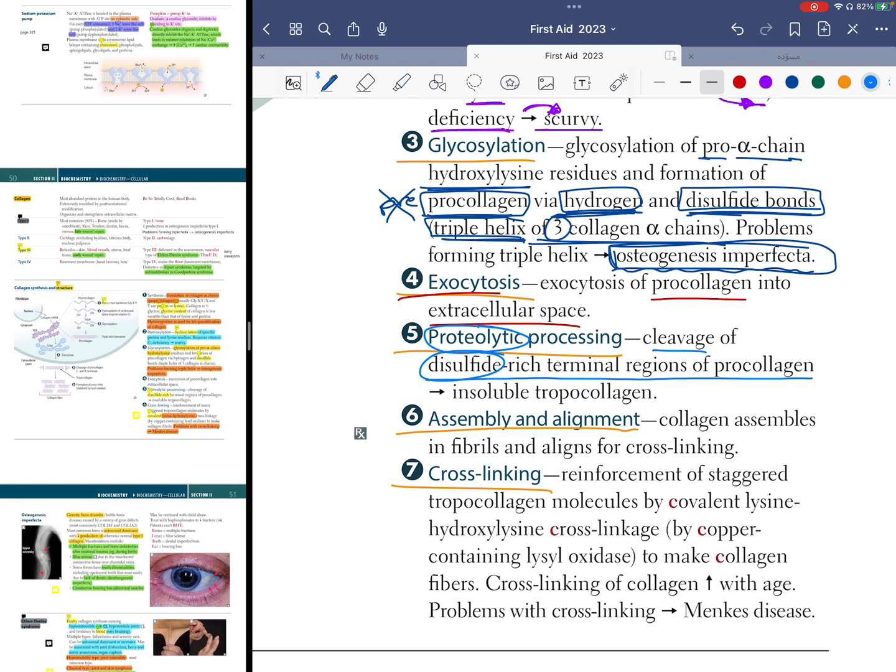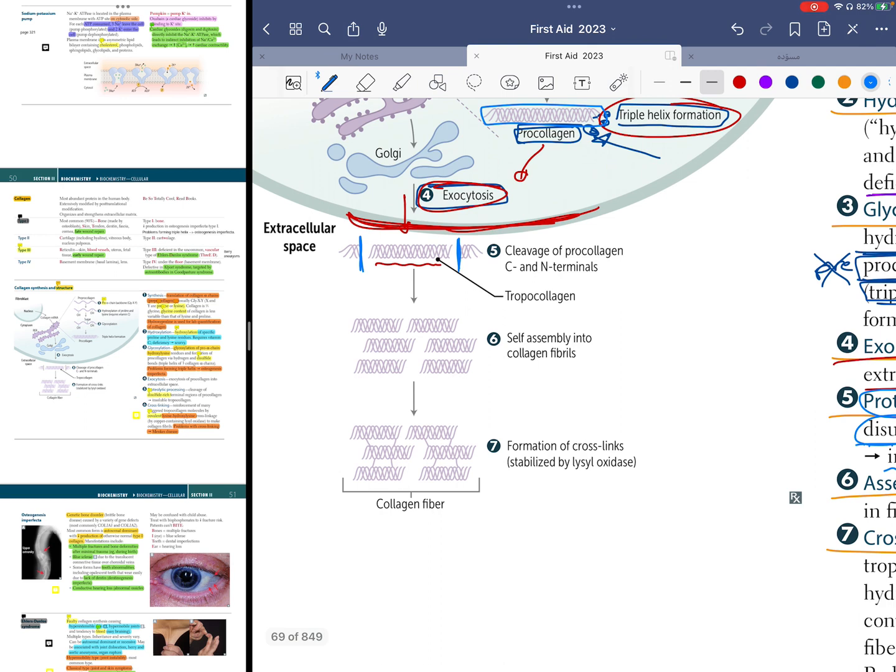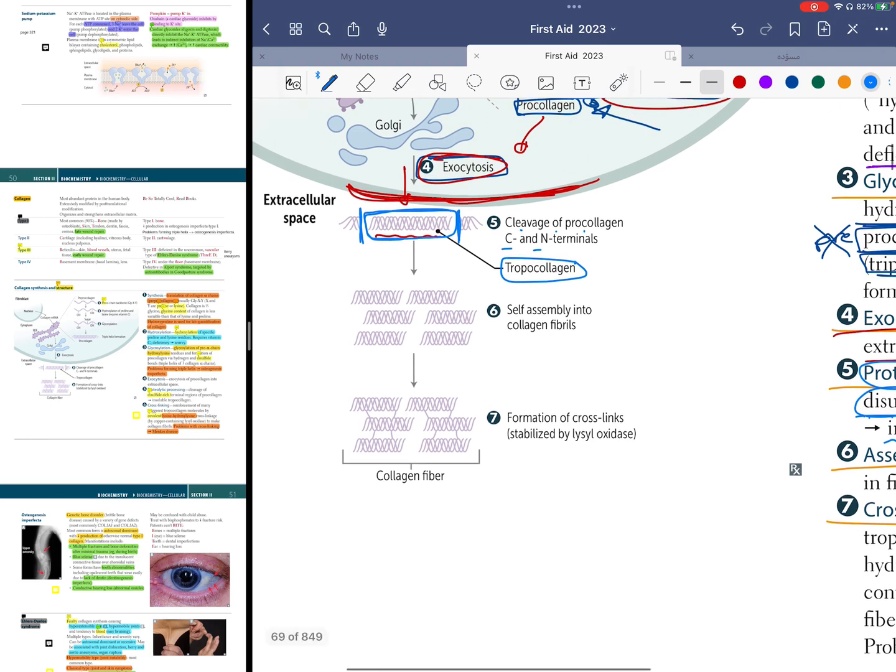The cleavage of disulfide-rich terminal regions of procollagen leads to insoluble tropocollagen. That's the only central part remaining. It's insoluble and it's called tropocollagen. How did we do that? By the cleavage of procollagen C and N terminals.